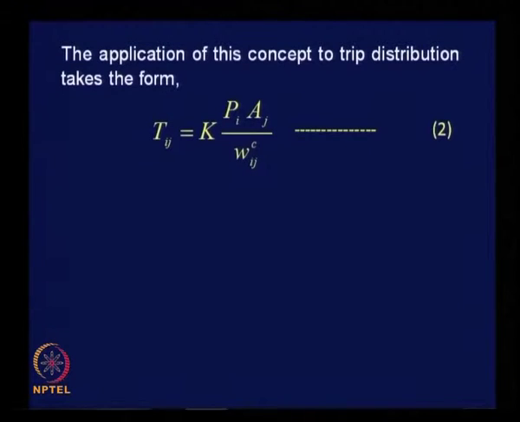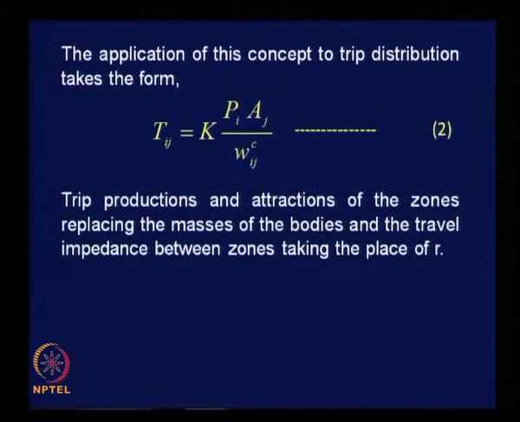That is how we can understand the force, total number of trips interchanged between a given pair of zones taken at a time, right. And trip productions and attractions of the zones replace the masses of the bodies, and the travel impedance between zones takes the place of r. That is what we have done.